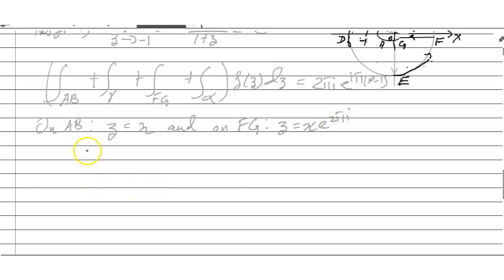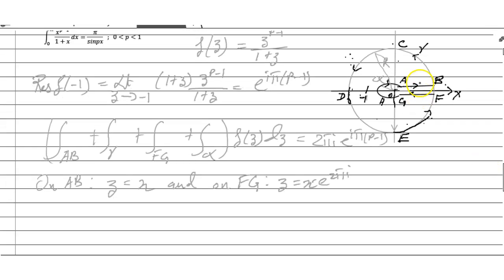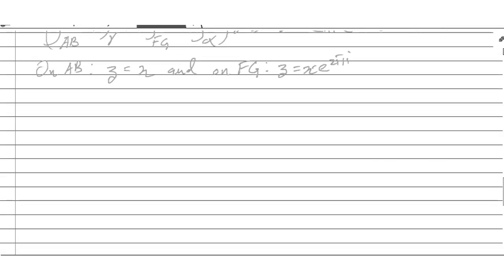So you will see this is the AB path and the FG path. One is x times e to the power 2 pi i, another is z equals x.